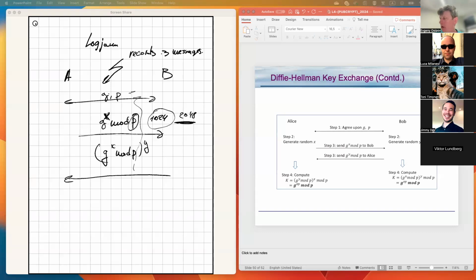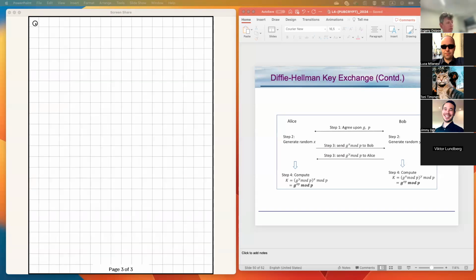So let us switch to the next topic, which is elliptic curve cryptography. There is quite some math involved in these algorithms as well.